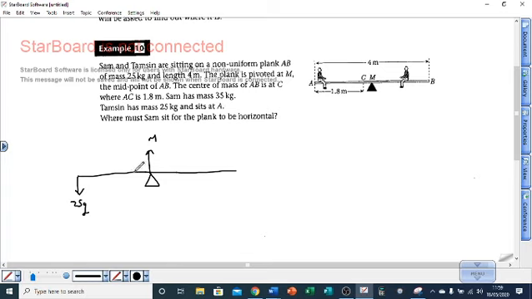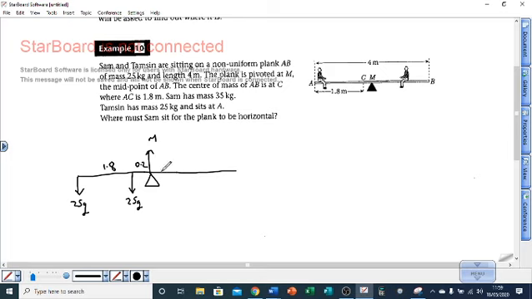We've got the centre of mass of the plank over here, and the plank is 4 meters long, it's 25 kilograms, so that's 25G to make it a weight. That is 1.8, therefore that is 0.2.